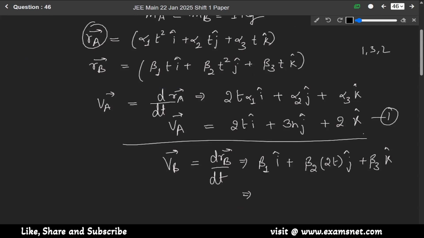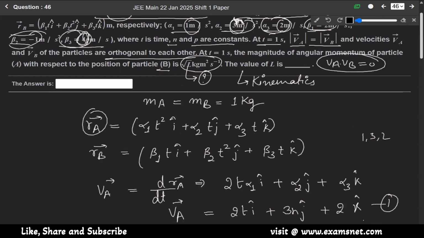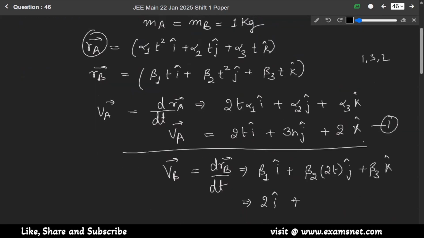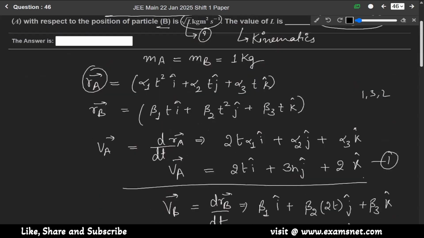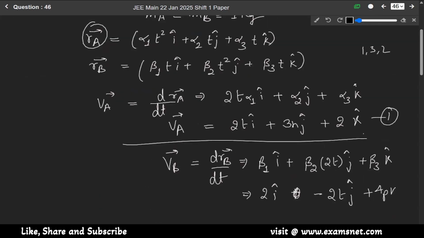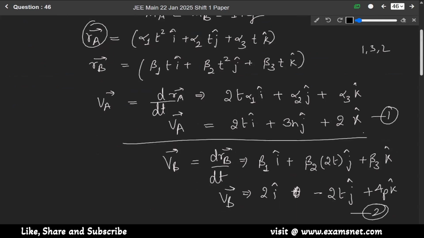So beta 1 is 2, so it will be 2 iota cap, and beta 2 is -1, so it will be -2t j cap, and beta 3 is 4p, so it will be 4p k cap. So this is VB. Let us say this is equation number 2.